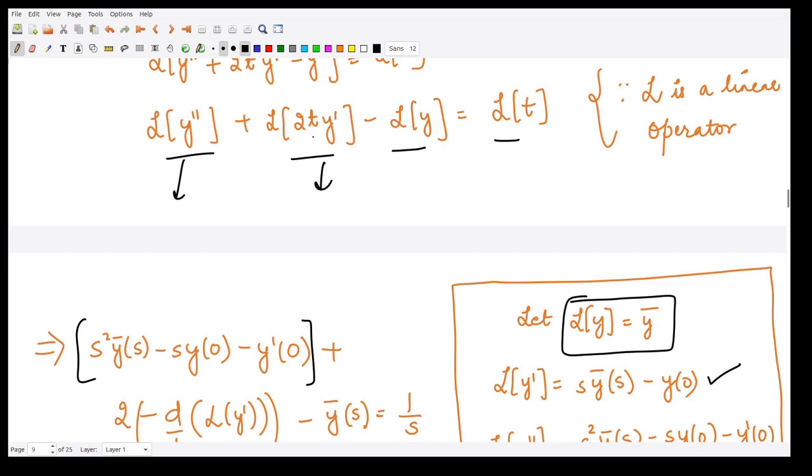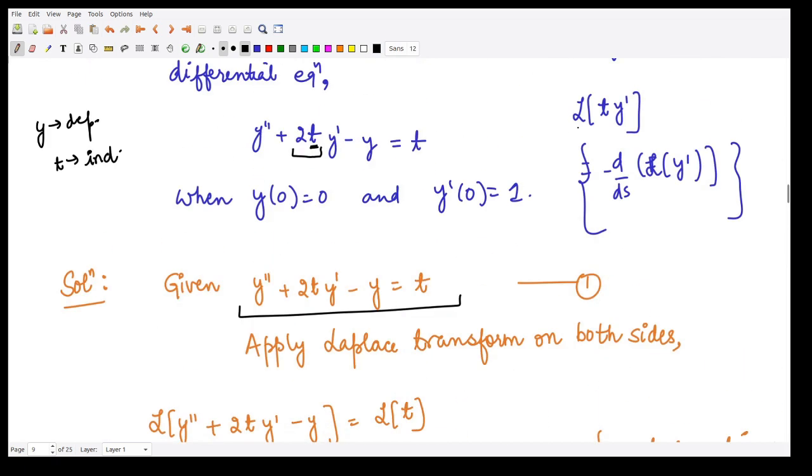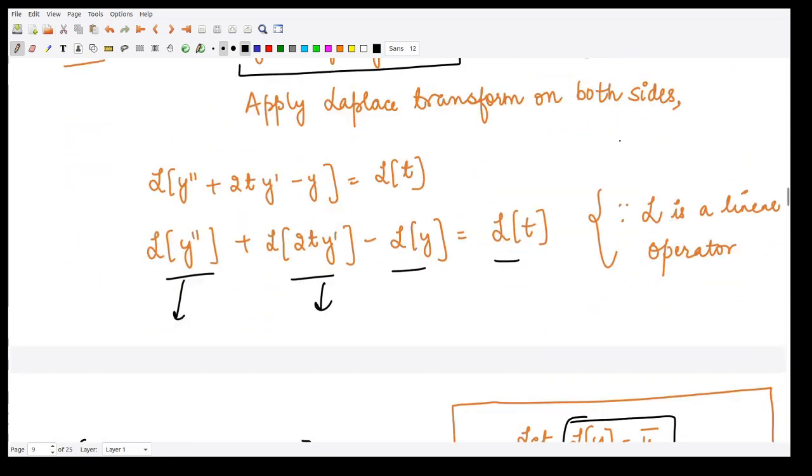Now here we have to apply the formula for multiplication with t. You know the Laplace transform of t into y dash is equal to minus d by ds of the Laplace transform of y dash. So whatever is this Laplace transform, you will differentiate it with respect to s. That is what multiplication by t tells you.